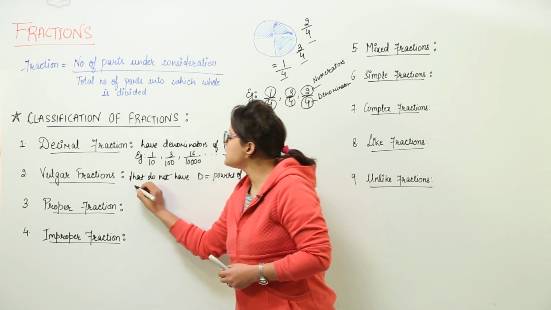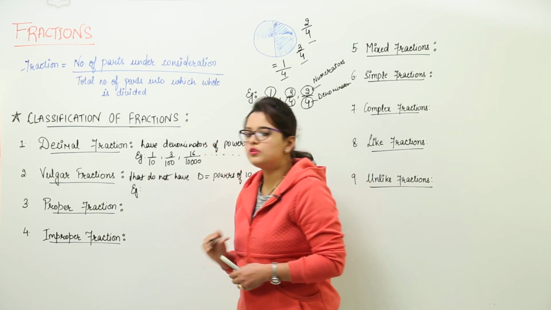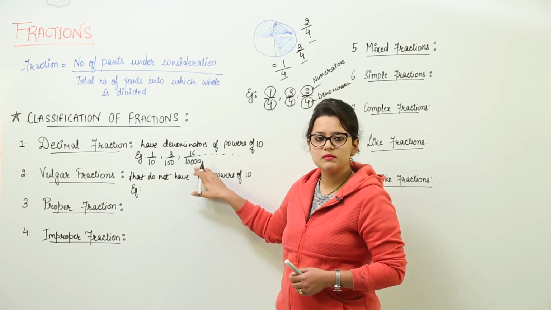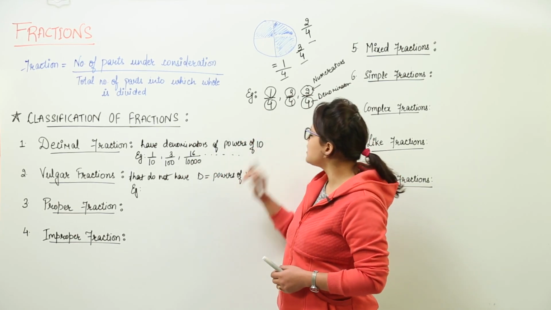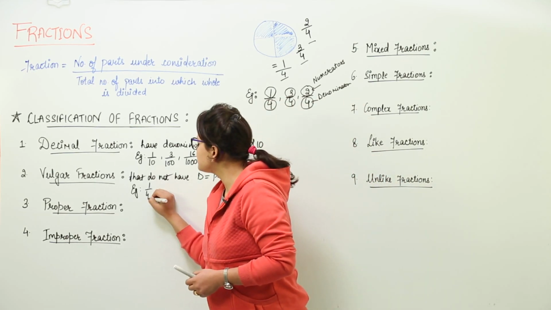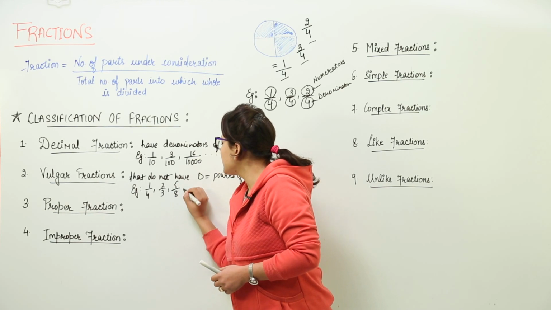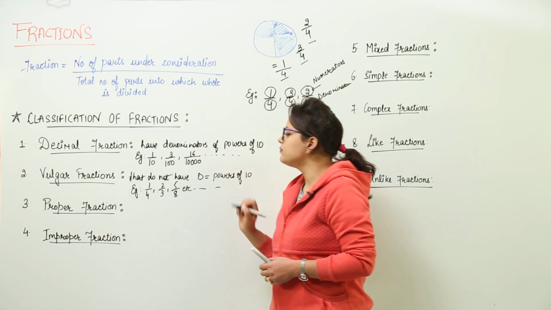So, what will be the examples for vulgar fractions? It could be any other example other than the ones having denominators as powers of 10. Even all these are representing vulgar fractions only, like 5 upon 8 and so on, right?